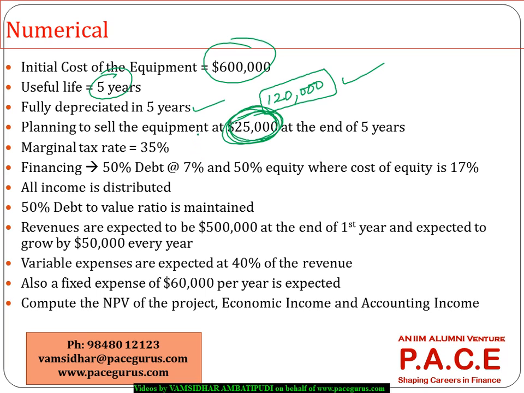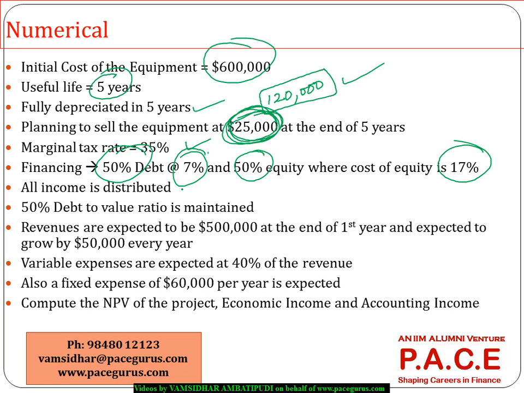The tax rate is assumed to be 35%, and the project is financed at 50% debt, which is borrowed at 7%, and 50% equity, where I am expecting the cost of equity is 17%.